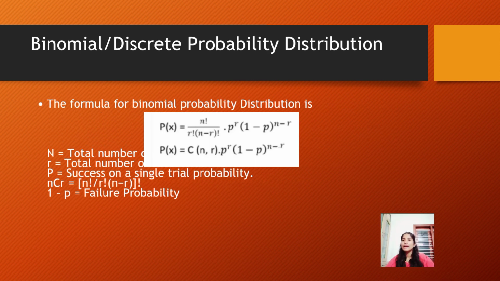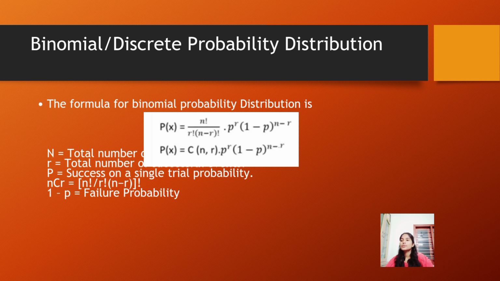The formula of binomial distribution is P(x) = n! / (r!(n−r)!) · p^r · (1−p)^(n−r), and P(x) = C(n, r) · p^r · (1−p)^(n−r).